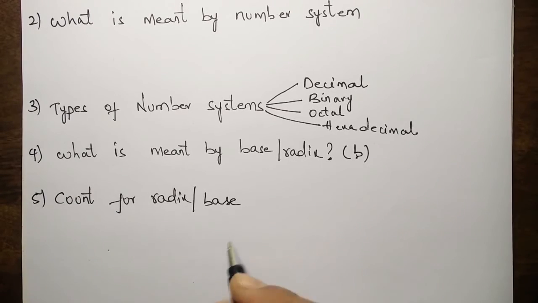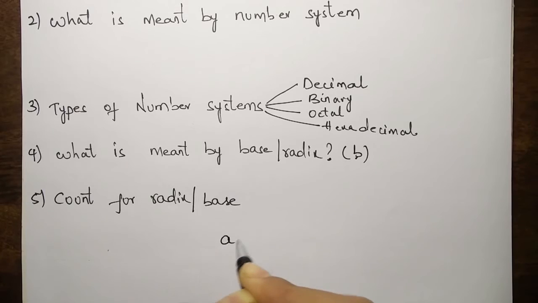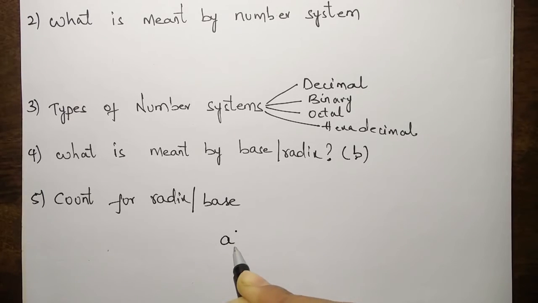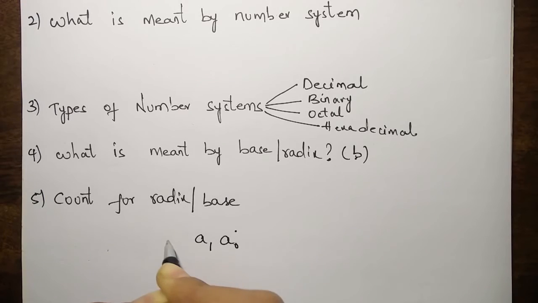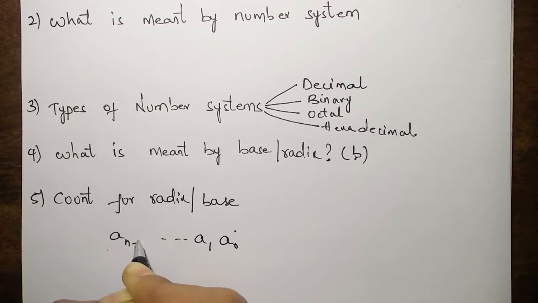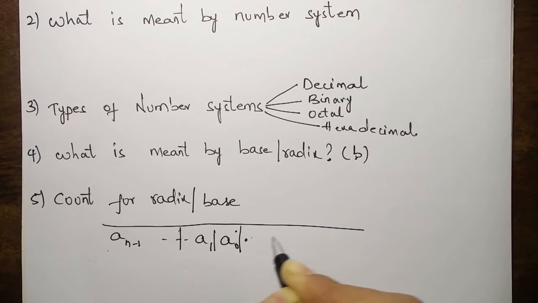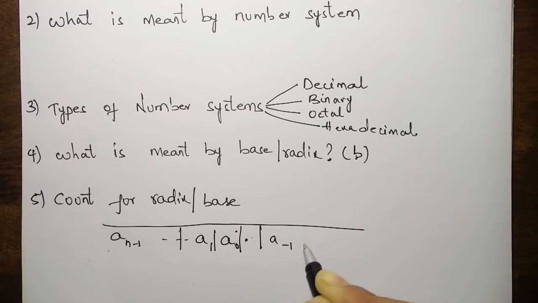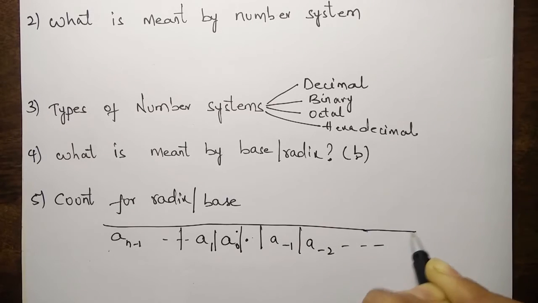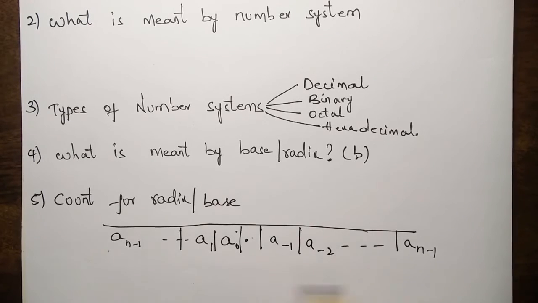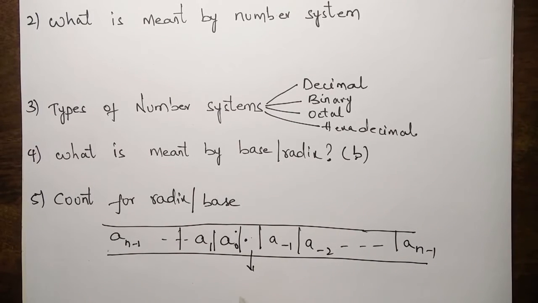For example, take A subscript 0, A subscript 1, and so on up to A subscript m-1, then a point, which is the decimal point, and then A subscript -1, A subscript -2 and so on up to A subscript -n. This is the base point and these are the base values.